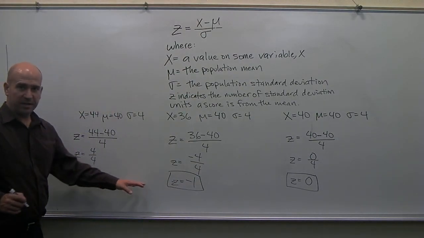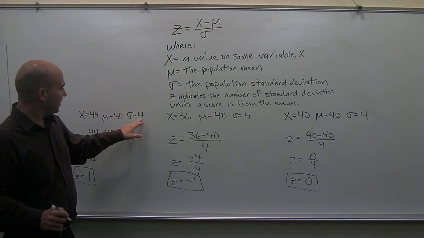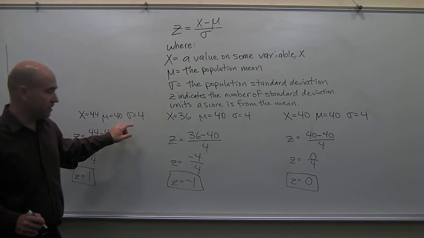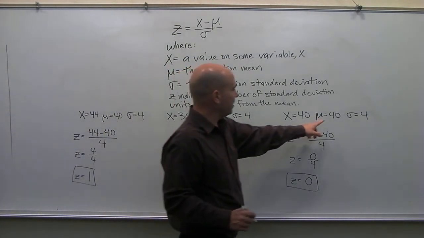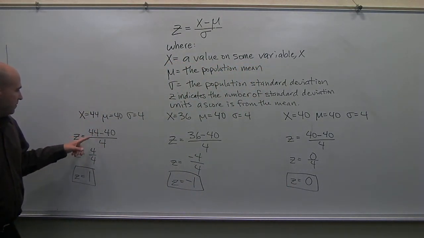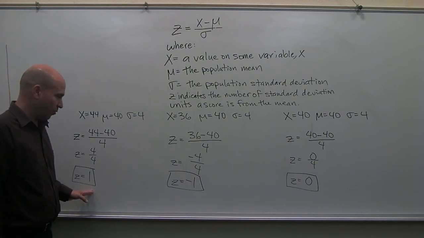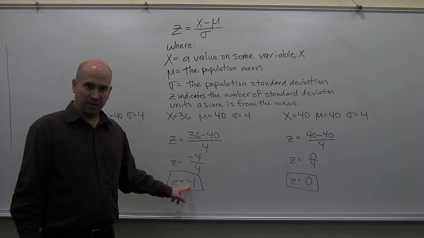So in these three examples, we had the same mean and standard deviation, a population mean of 40 and a standard deviation of 4. Notice that across the three examples, when we had an x of 44, we got a z of 1. This is a positive value. When we had an x of 36, we got a z of negative 1.